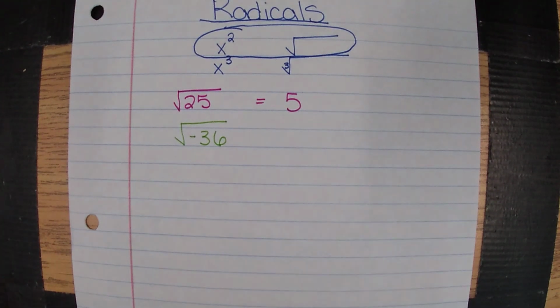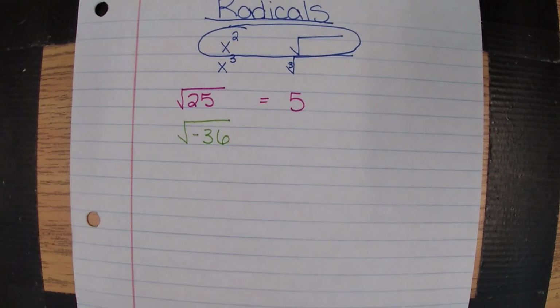Right, negative 6 times positive 6 is negative 36, but that's not a number times itself. So up until this point in your life, you have been living in the real number set, right? We know positives, negatives, fractions, decimals, repeating decimals. We're okay dealing with pi.